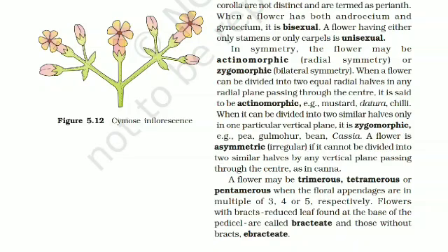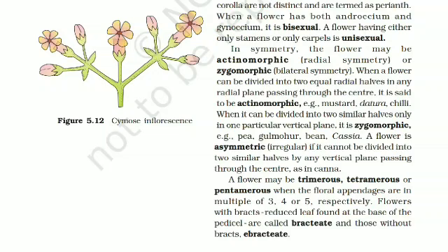That means when it is 3, then it is trimerous, when it is 4, then it is tetramerous, and when it is 5, then it is pentamerous. Okay. Flowers with bracts, or reduced leaf found at the base of the pedicel, are called bracteate, and those without bract are called ebracteate flowers. So, you have learned about the different parts of flowers in a nutshell.